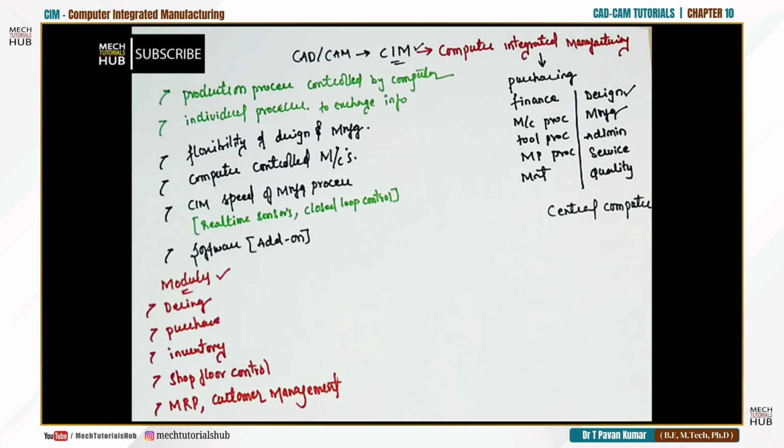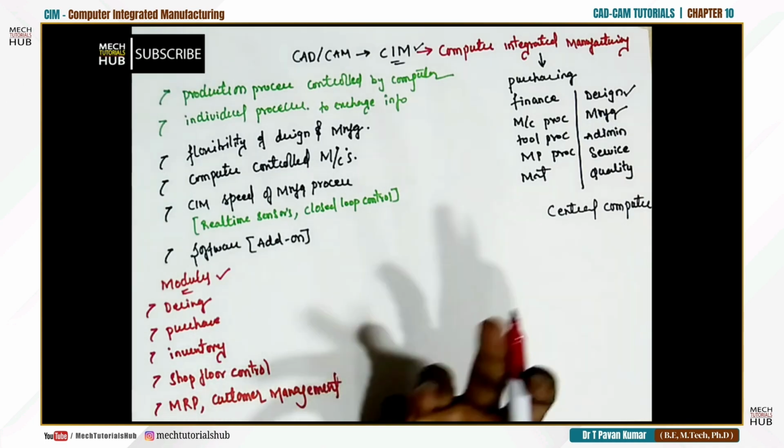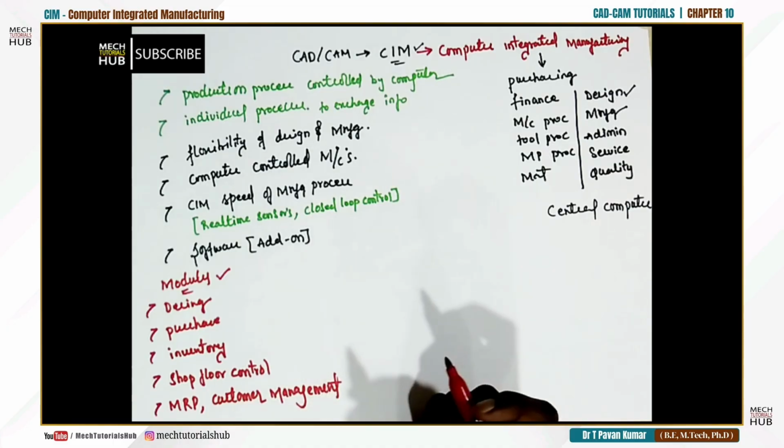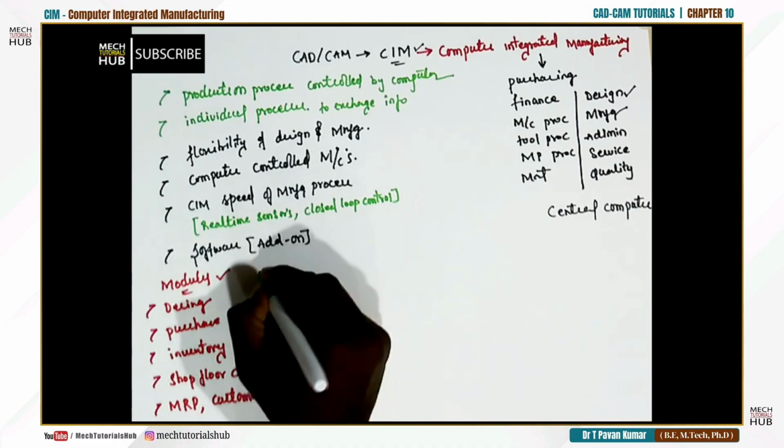What is the basic advantage of using this particular CIM system? Errors can be reduced, speed can be improved, flexibility and high degree of integration. I'll just make a point so that you'll remember.